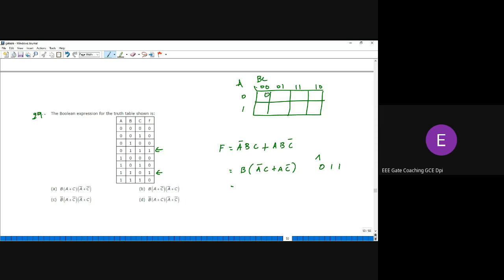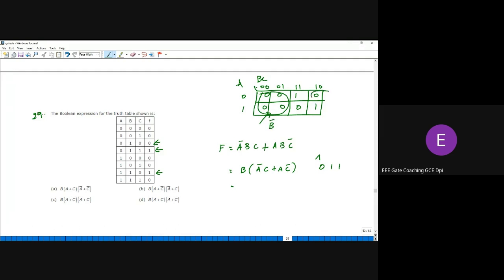So this is 0, 0, 0, because for 0, 1, 0 it is 0. So 0, 0, 1, 0. Now you have to group. If I group this one, I will get the answer as B bar, right?